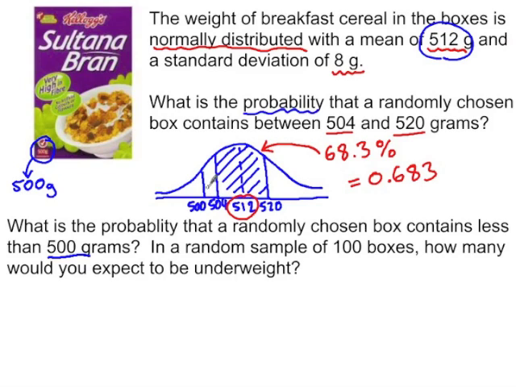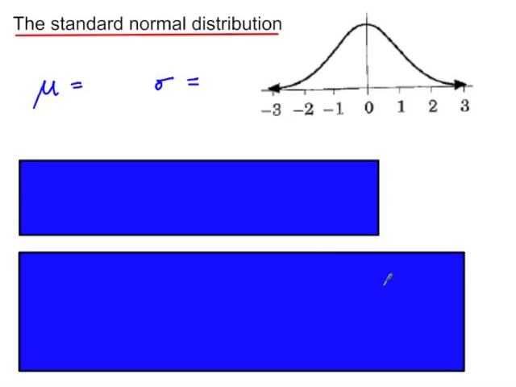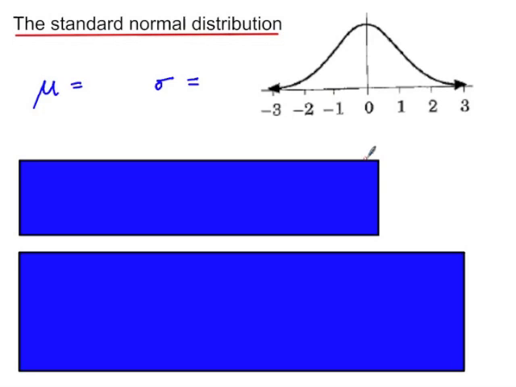500 grams is 1.5 standard deviations below the mean. We're going to look at a standard normal distribution. The standard normal distribution has a mean of 0 and a standard deviation of 1.